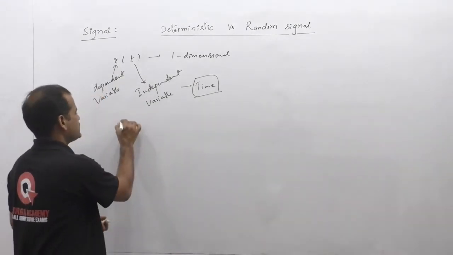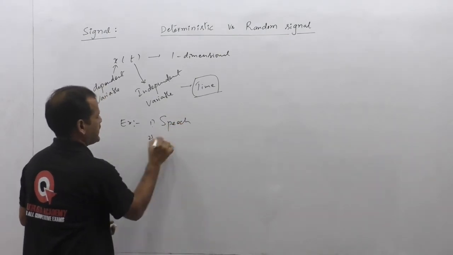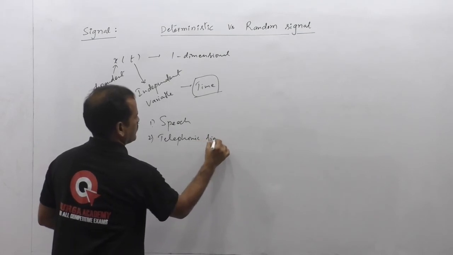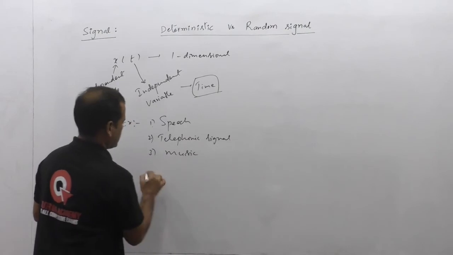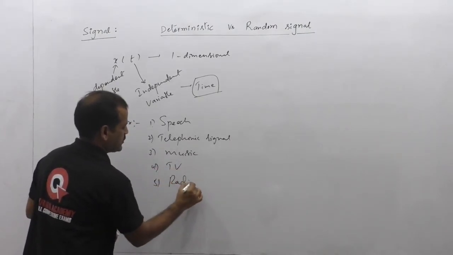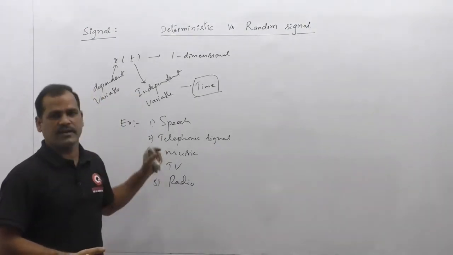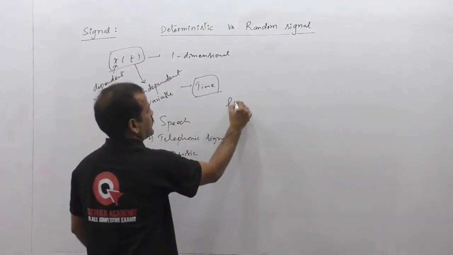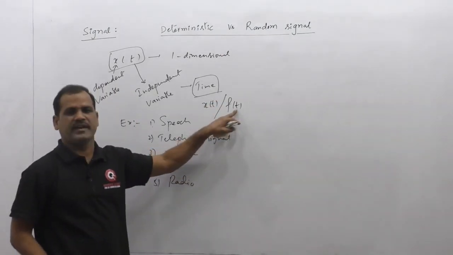Examples of signals we can consider are a speech signal, a telephonic signal, a music signal, a TV signal, a radio signal. Anything that carries some information we are taking as a signal here, and it is represented mathematically like x of t, or we can take it as f of t, where t is the independent variable that indicates time.